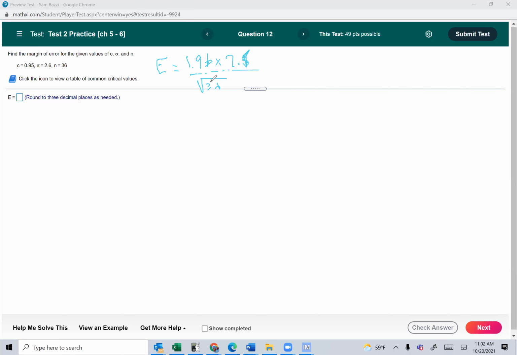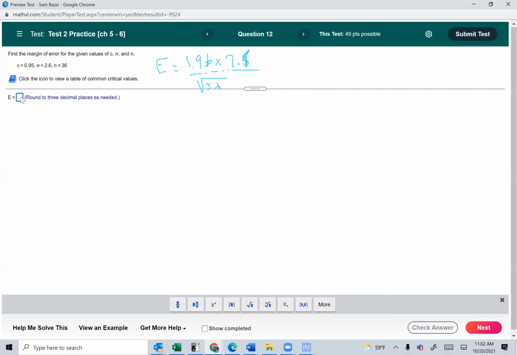And let's do it together. So if I am to type it right here, it would be 1.96, that's a critical value, times 2.6 divided by square root. I've just put it there, guys, so you know what formula.